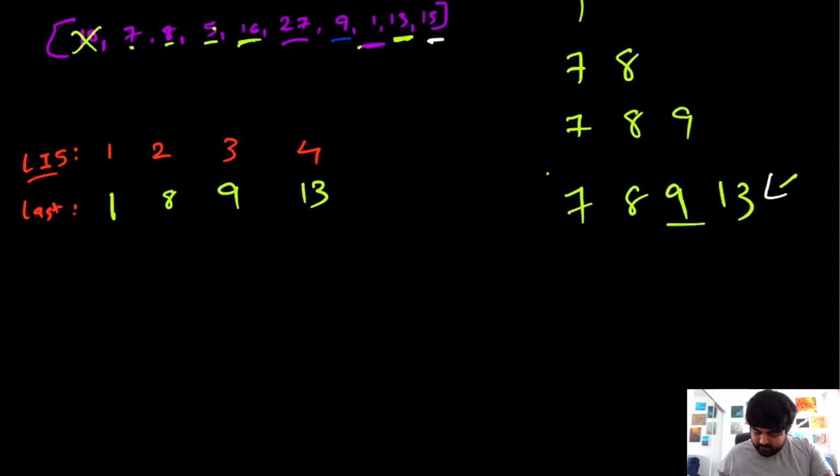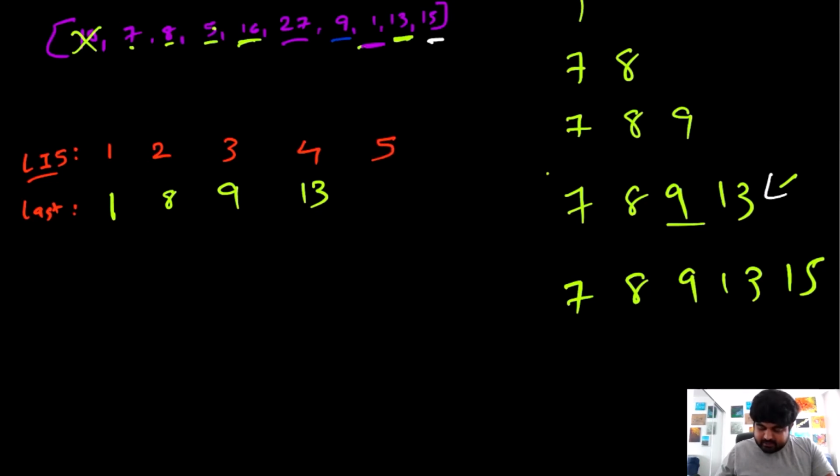So the new substring, and we are going to keep the values 7, 8, 9 and 13 as a substring of length 4, and we are going to create a new substring 7, 8, 9, 13 and 15, and this would be a new entry in our array.